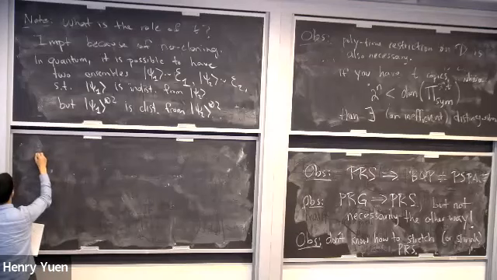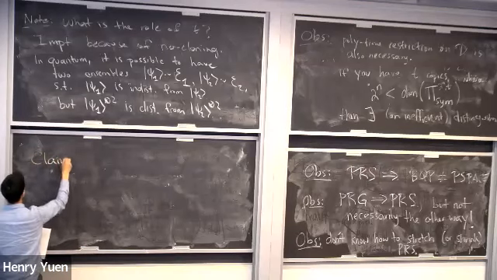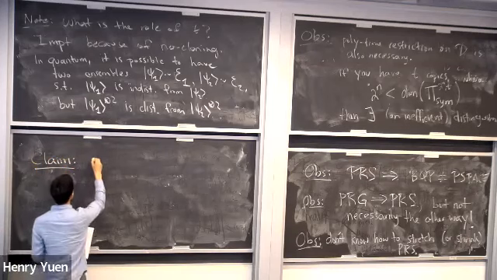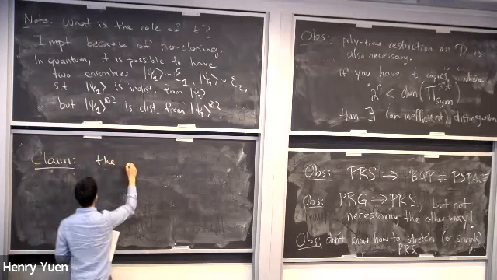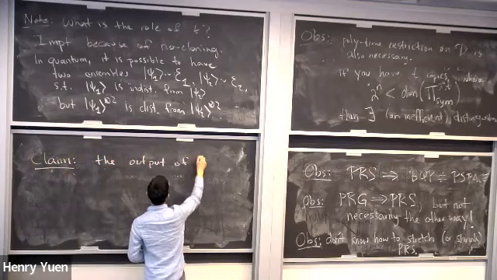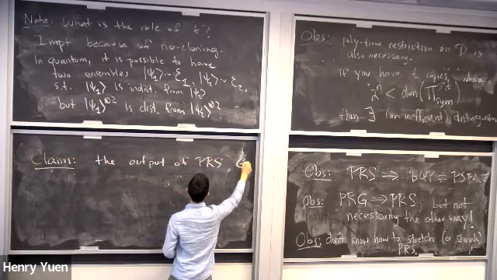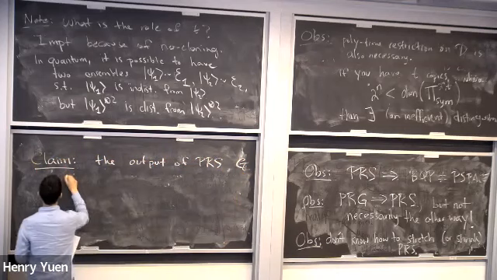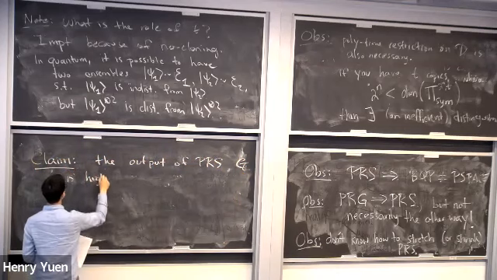So this is the first thing we're going to try to prove. The claim is the output of a PRS generator G is highly entangled.